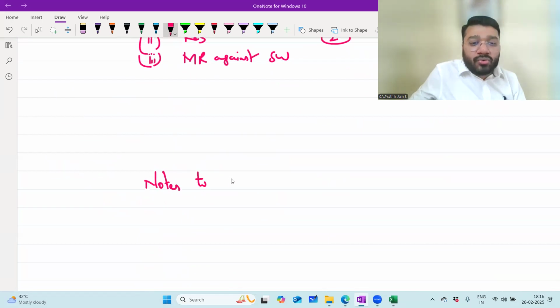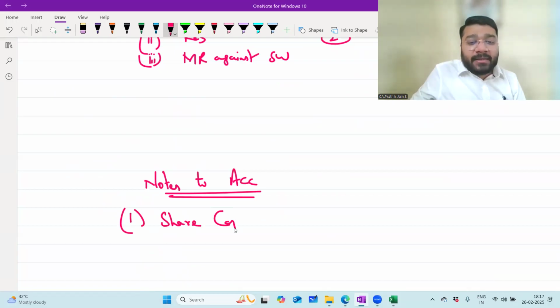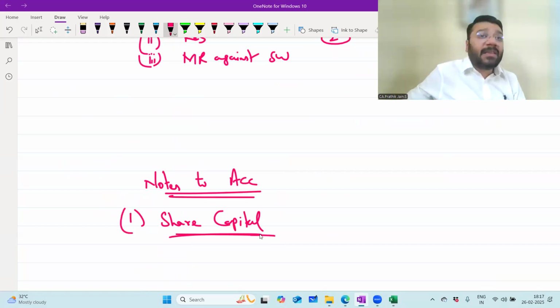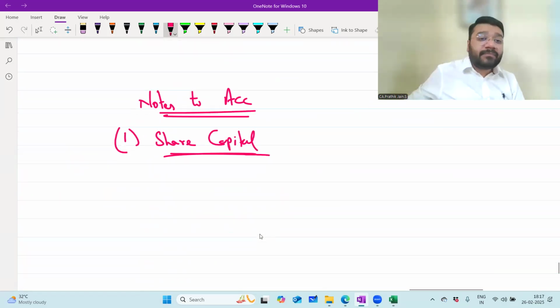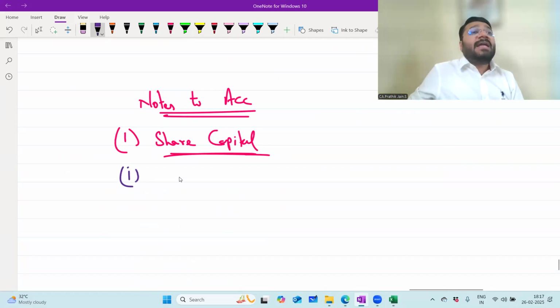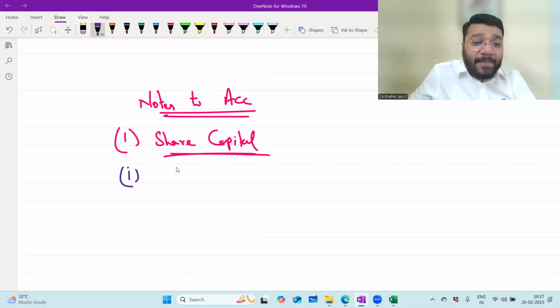So from here, directly we go to notes to accounts. In that, note number 1 is share capital. The formatting is very, very important. In that, what is the first thing that you will disclose? Information related to authorized capital.